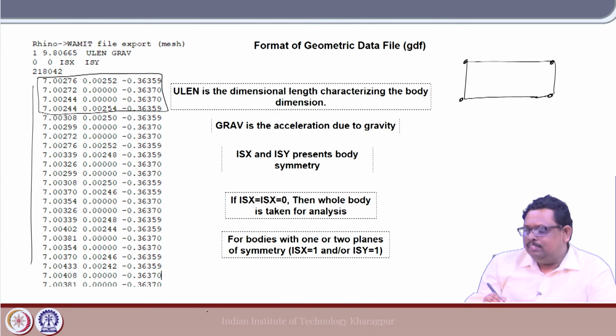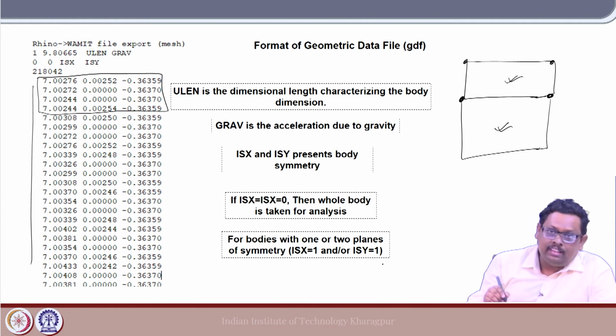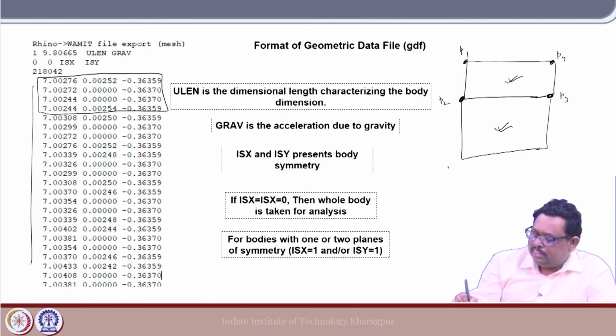Now, you can ask me, sir, what is going to happen if this is another panel? This point is coming twice: it is defined for this panel and the same point is defined for this other panel also, right. So, you have to mention it 2 times. Let us make it point P1, let us take P2, P3 and P4, let us say P5 and P6.